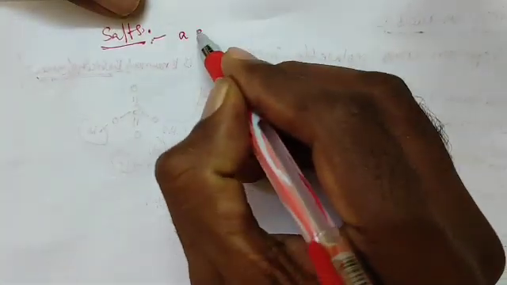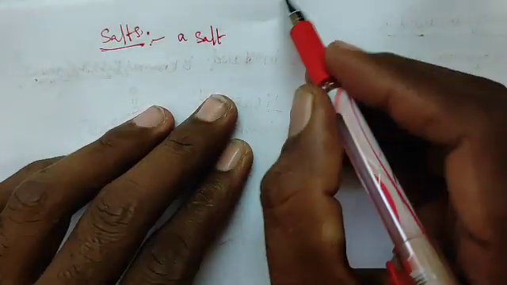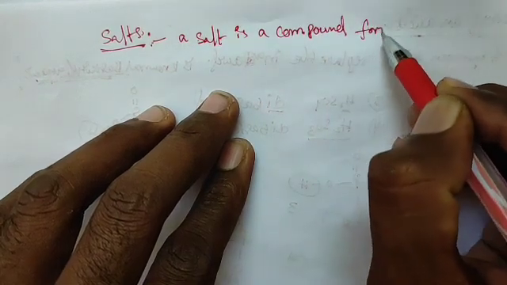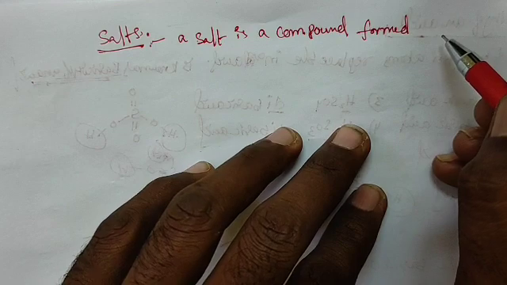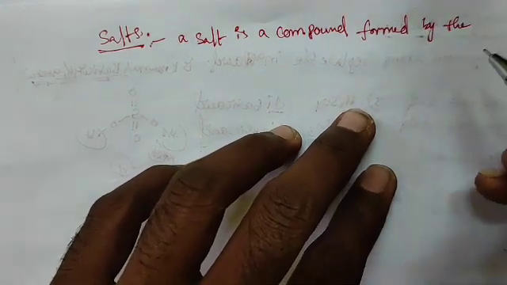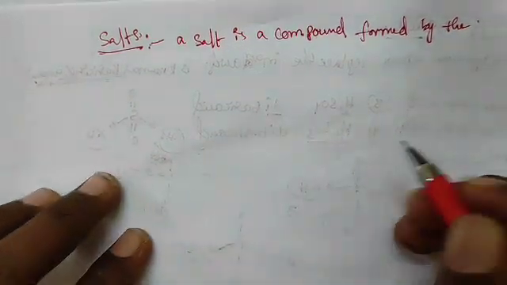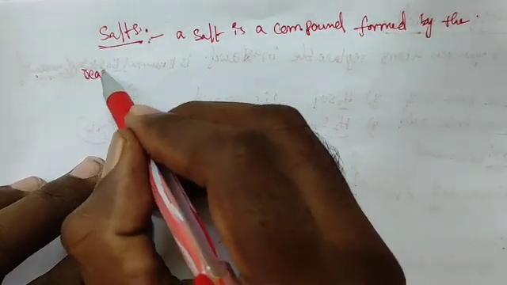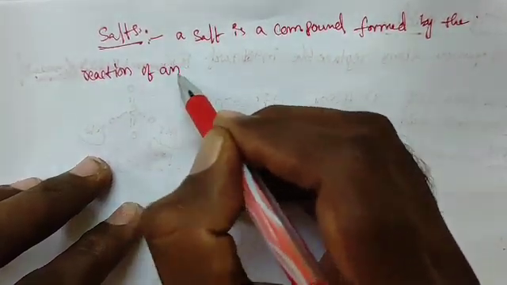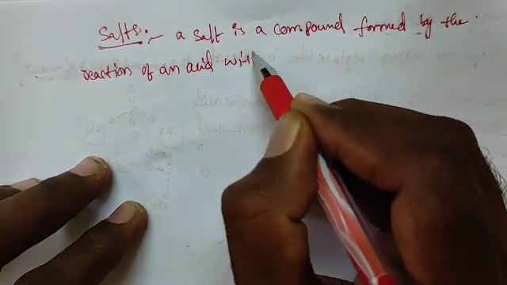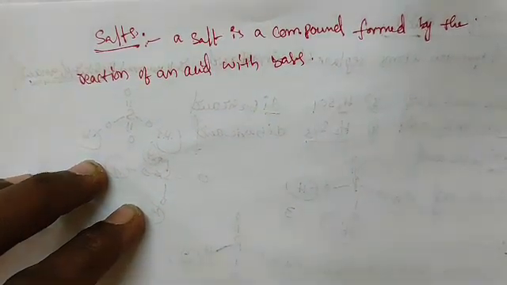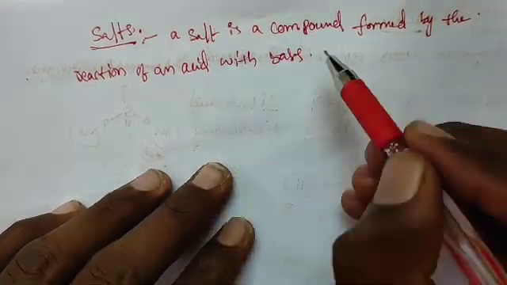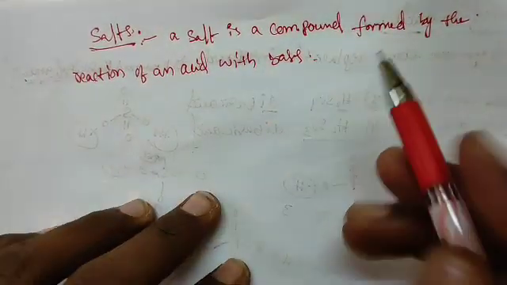A salt is a compound formed by the reaction of an acid with a base. A salt is formed when an acid reacts with a base. I will give an example of that.